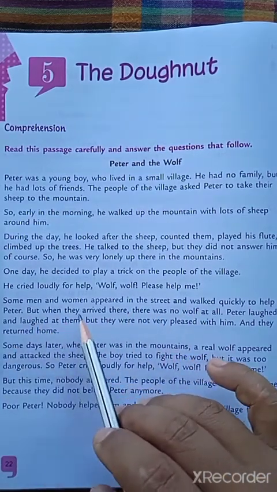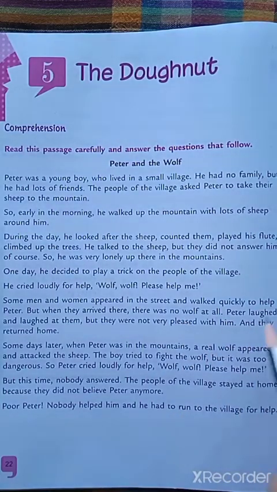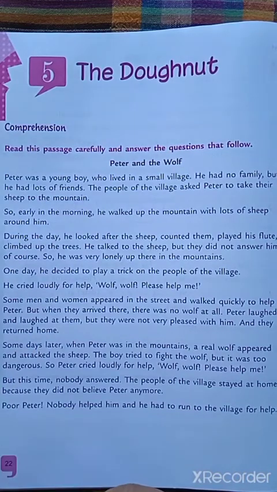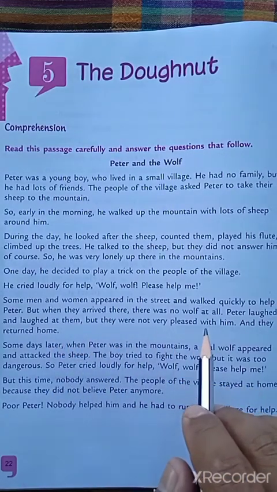Some men and women appeared in the street and walked quickly to help Peter. Appeared in the street means they came into the street, and they walked very quickly to help Peter. But when they arrived there was no wolf at all.